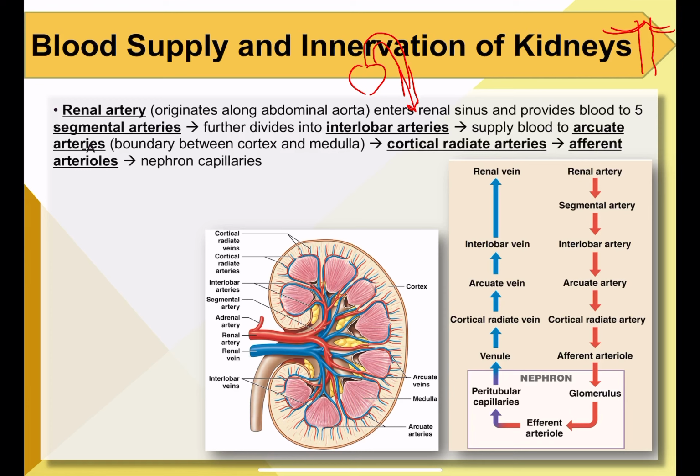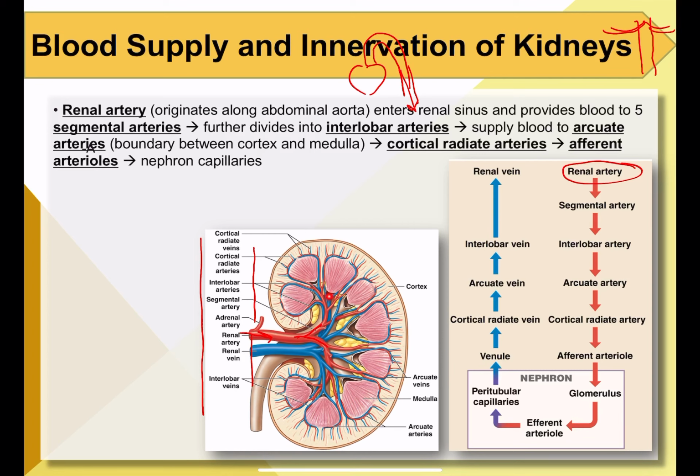So this is where the abdominal aorta would be, and here's your renal artery. Okay, and from renal artery, the blood circulation then goes to what's called the segmental arteries. A few of these segmental arteries. Actually, there's 5 of them if you want to count them.